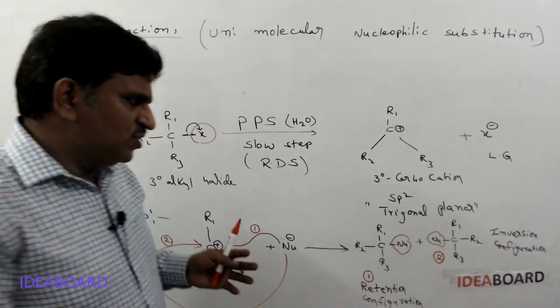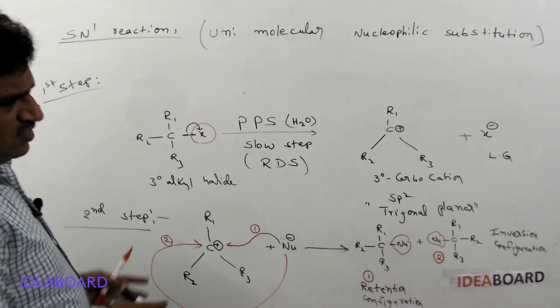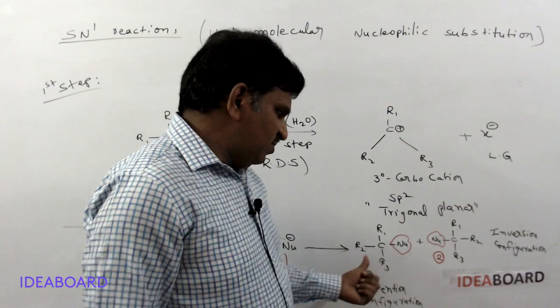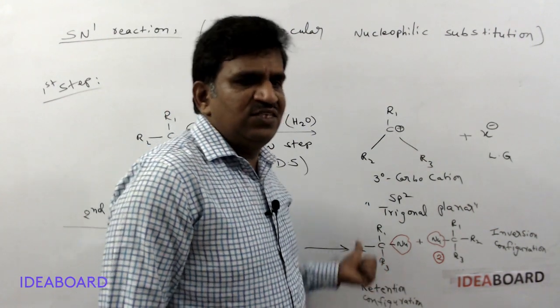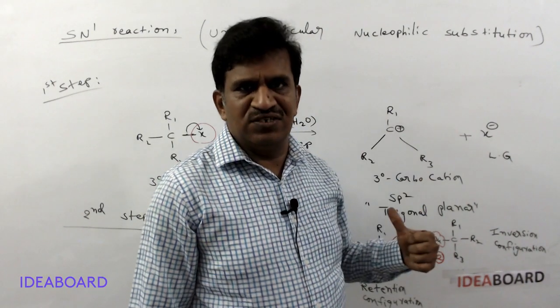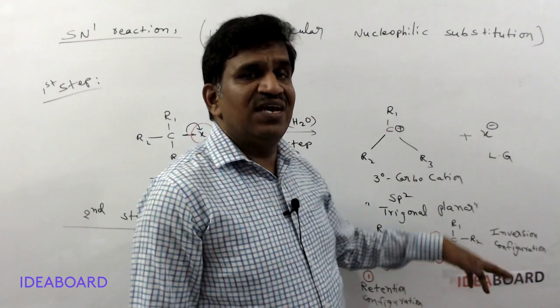When we get a mixture of these retention and inversion products, that is called a racemic mixture. Plane polarized light rotated into the D side, meaning clockwise, can rotate in the anti-clockwise direction. So if this is a D isomer, for example, then it becomes an L isomer.